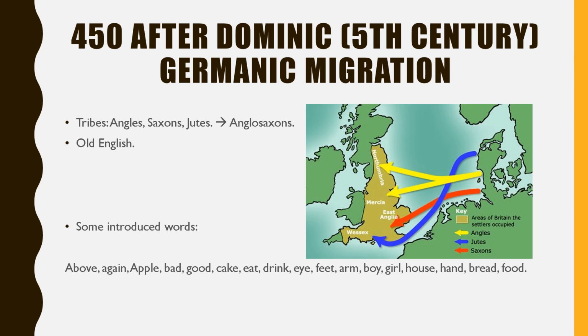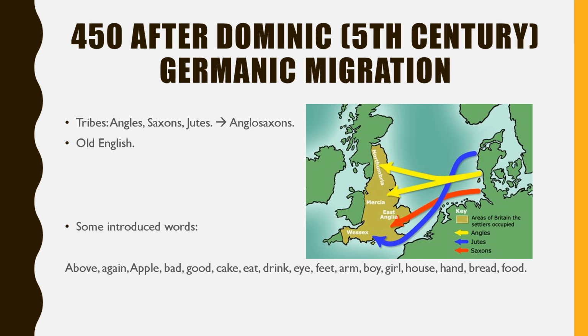So guys, of course there was a mixture of languages, because as you already know, they were starting to talk Latin, and then came those people from Germany, and all were using different languages. The Angles, the Saxons, and the Jutes were using different languages.